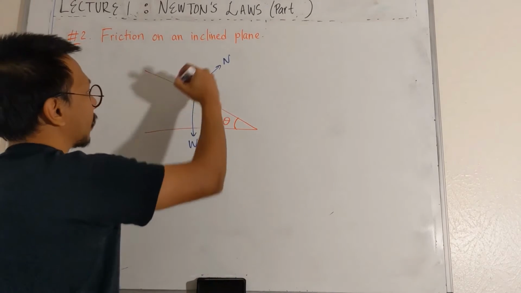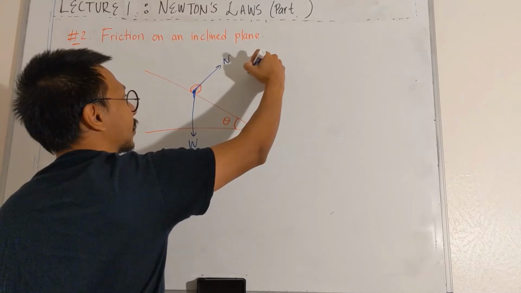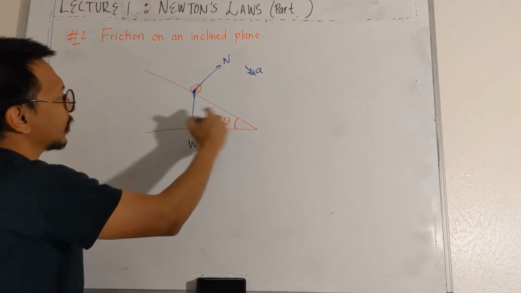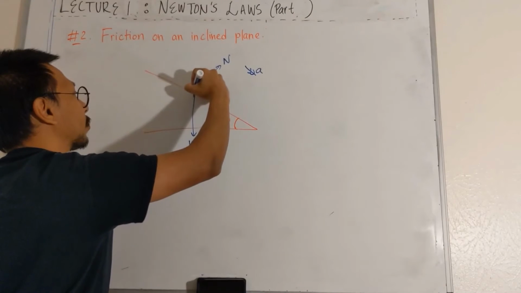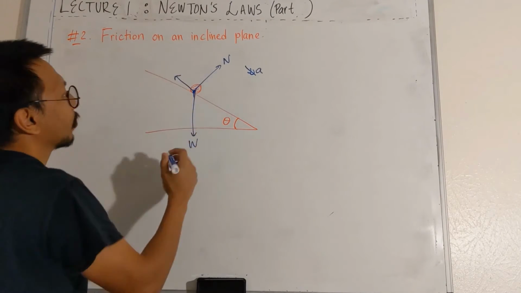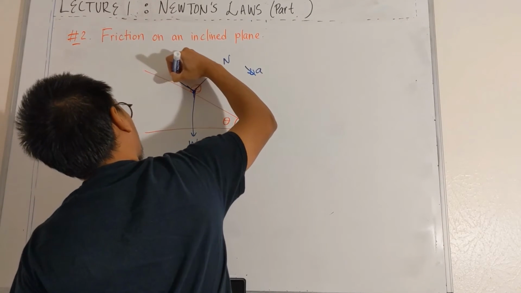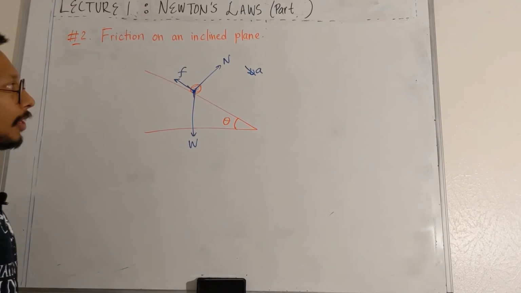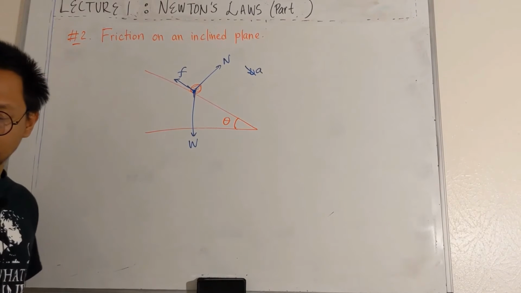This object will have the tendency to slide in this direction. If the inclined plane is rough, the friction would oppose the sliding motion, so it will be directed up along the plane. These are the forces on my particle.